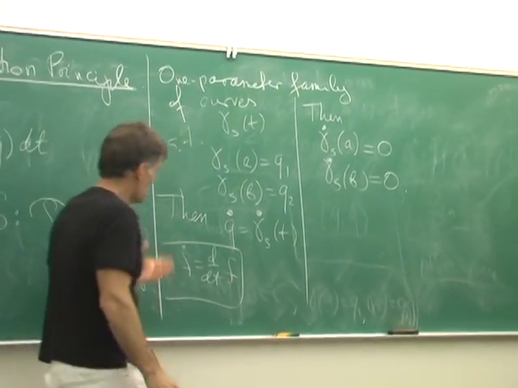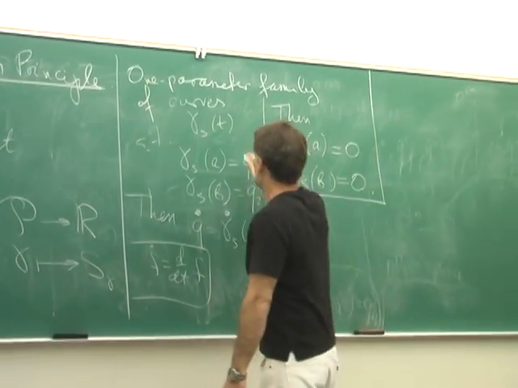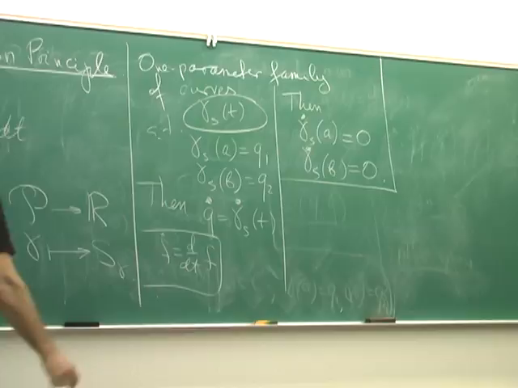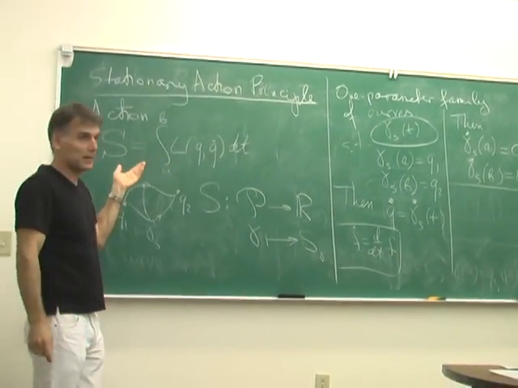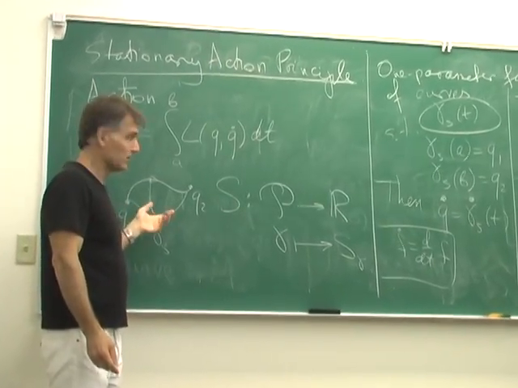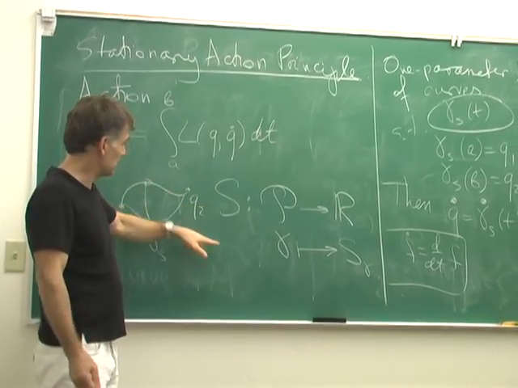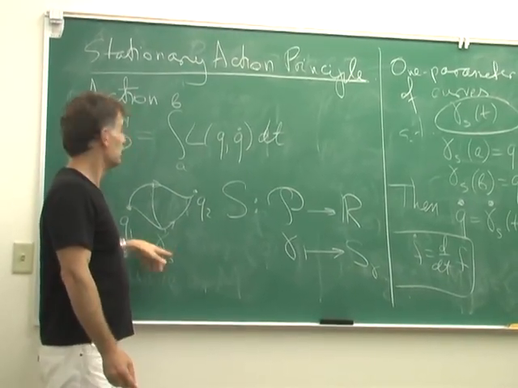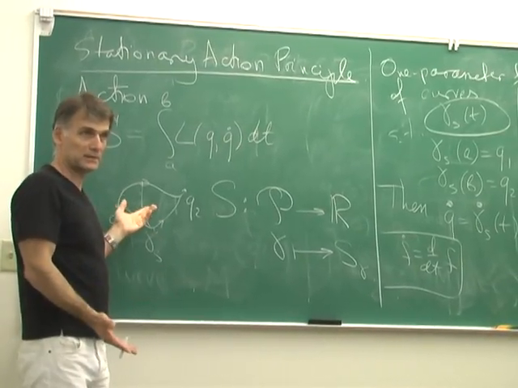Okay? So once you set it all up, then if you consider such a family of curves, the action becomes not just a number, but a function of that parameter s. You compute it along a specific trajectory, parameterized by s. You get a number that depends on that s, and therefore you get a function.